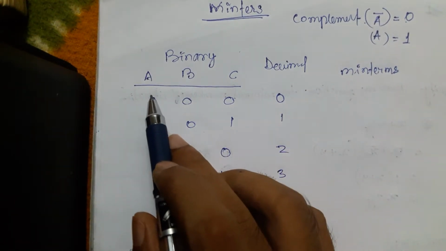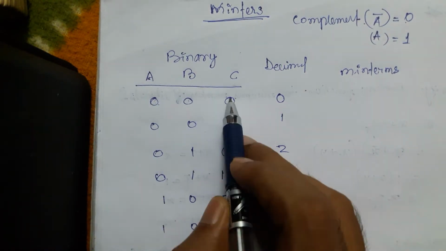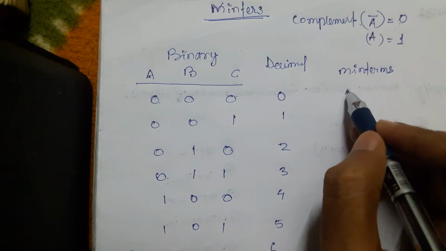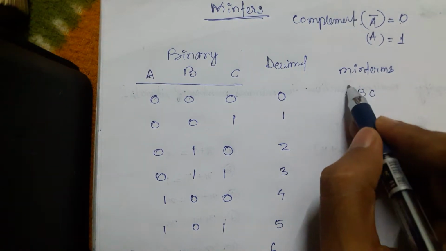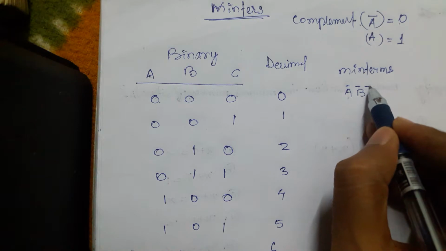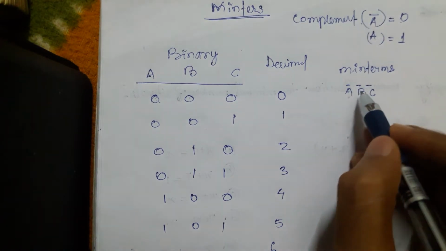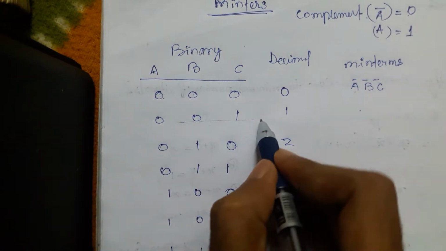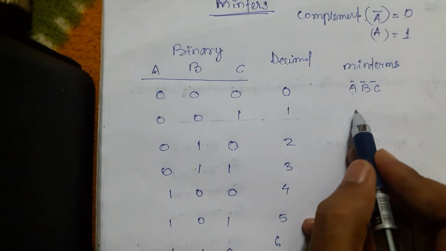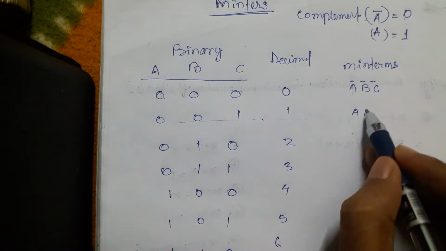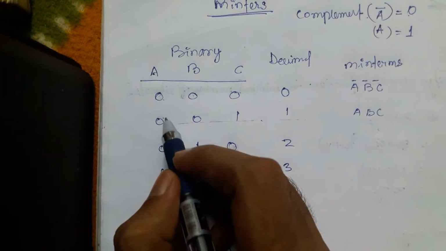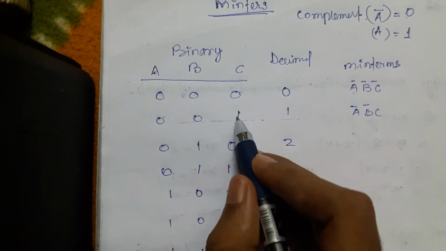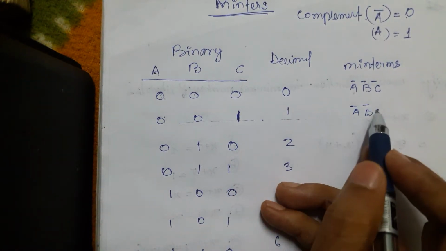So here a is 0, b is 0 and c is 0. In min terms we will represent this as a prime, b prime, c prime. For the second row, a is 0, so a prime, b is 0 so b prime, and c is 1, so c.